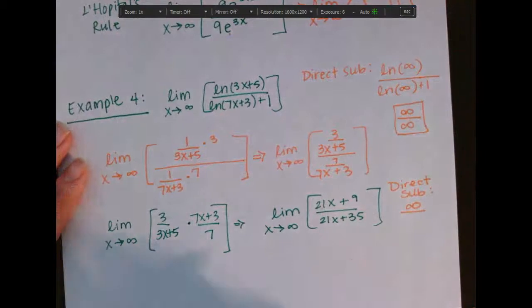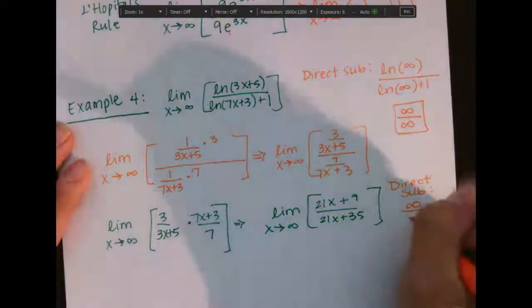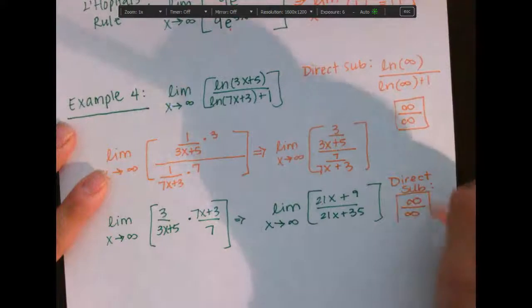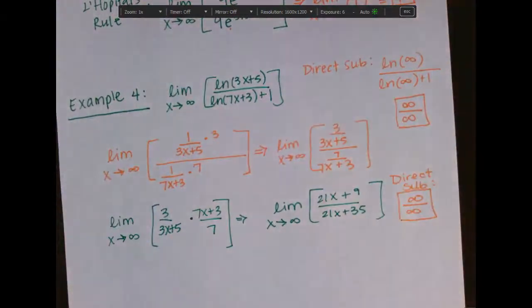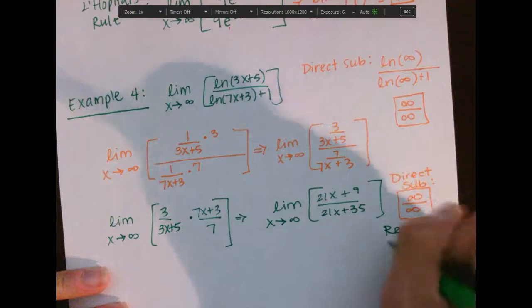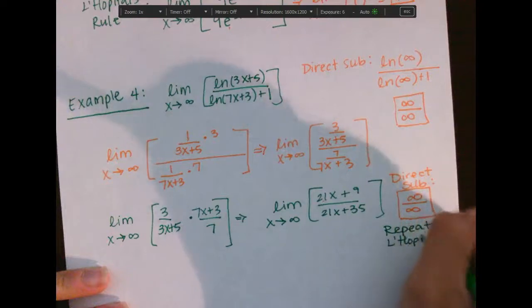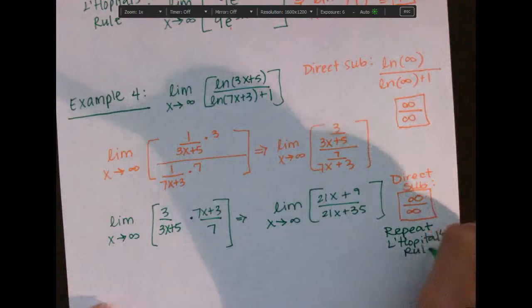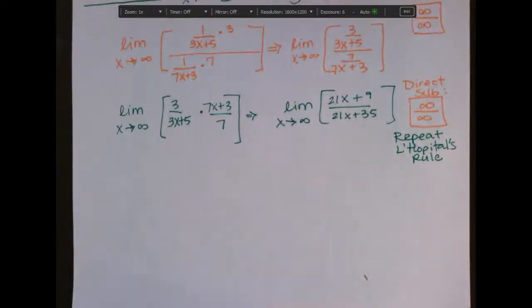And then on the bottom, 21 times infinity plus 35 is also still infinity. So once again, we have another L'Hopital form, and we have to repeat the process. So once again, I'm going to take the derivative of the top, and I'm going to take the derivative of the bottom.